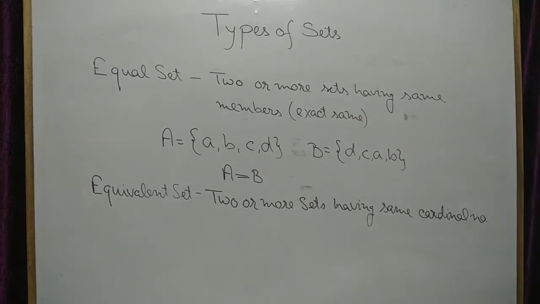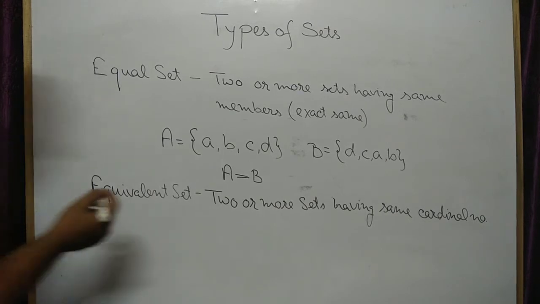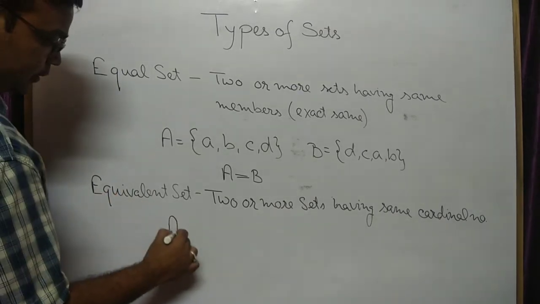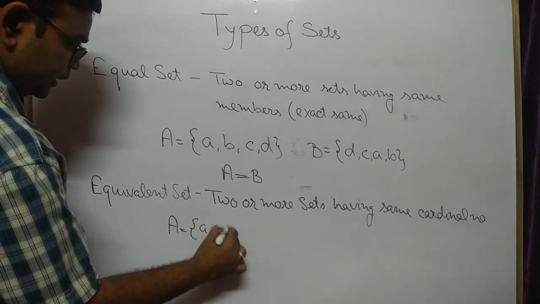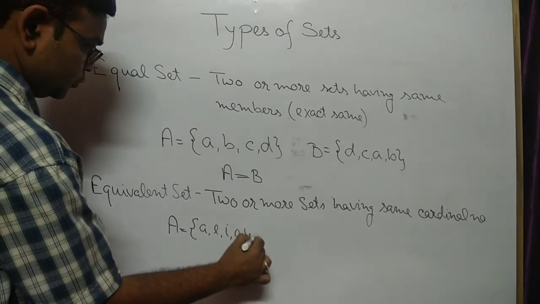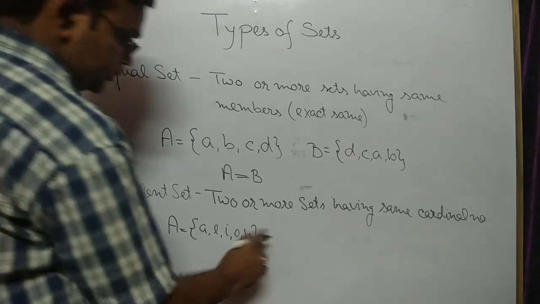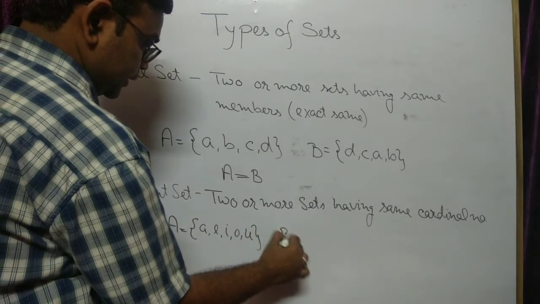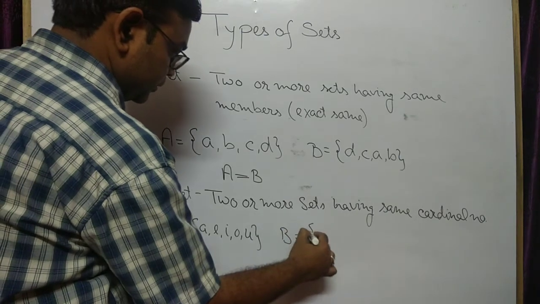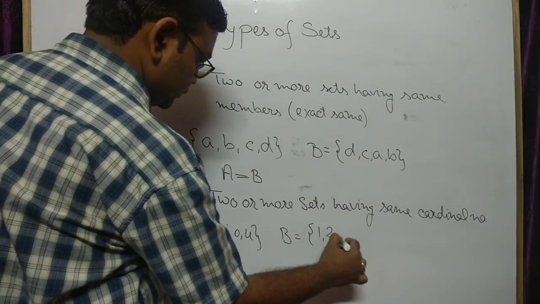For example, in set A we have the vowels A, E, I, O, U, and it's 5, not 4. And in set B we have some numbers, 1 to 5.